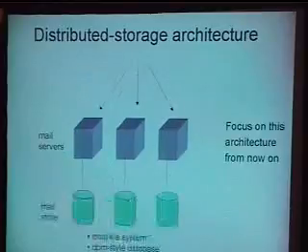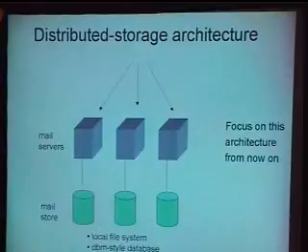Okay, so what I will focus on is what you see at most big ISPs when you look at their mail systems, a distributed storage architecture where the mail store is partitioned among a large number of mail servers. So my mailbox resides on a particular server and can't be accessed at all from another server.